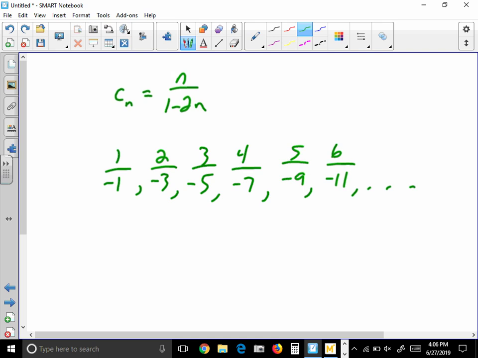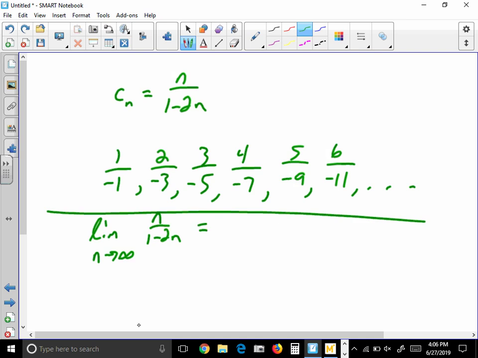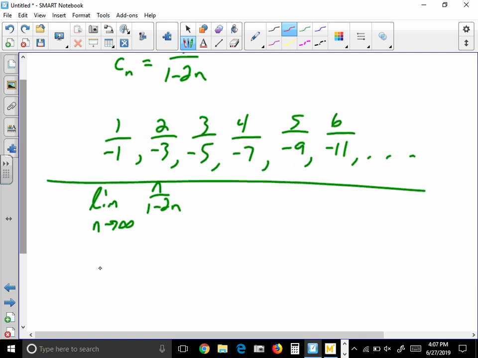So if we let n go to infinity, if we just plug infinity in, we would have infinity on top, negative infinity on bottom. But that's indeterminate. What is a new way that we've learned to evaluate that limit?